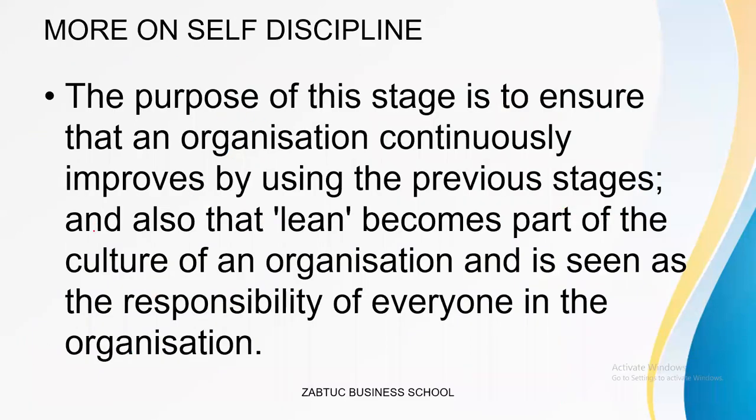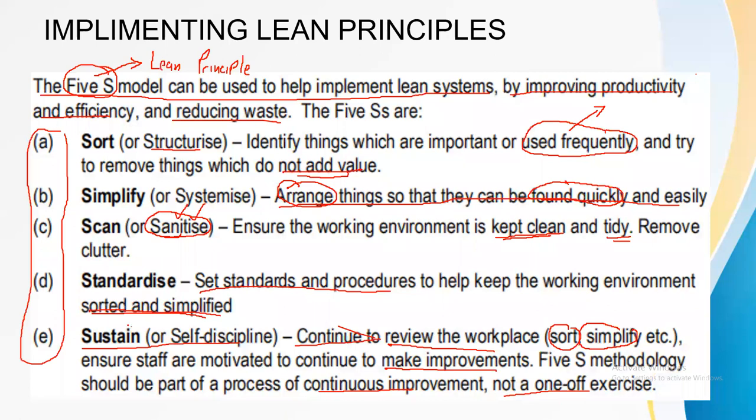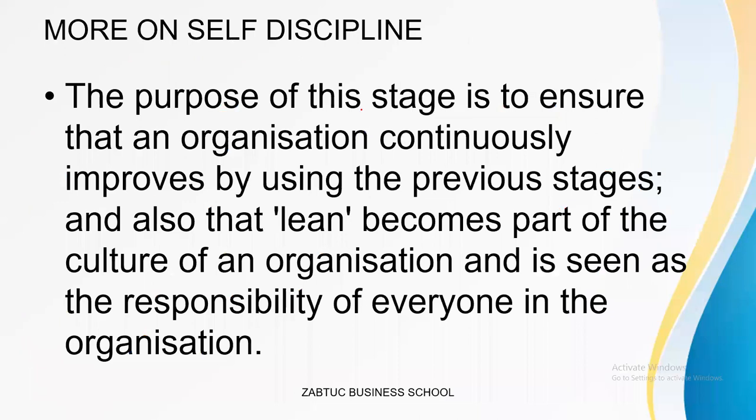More on self-discipline. Which one? This one? That one? The last one? More on it. I put on the slide. The purpose of this stage is to ensure that an organization continuously improves by using previous stages, and also that lean becomes part of the culture of an organization.